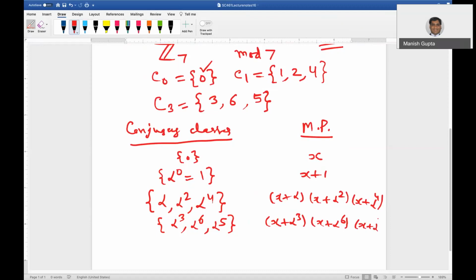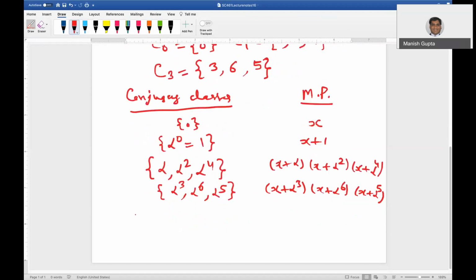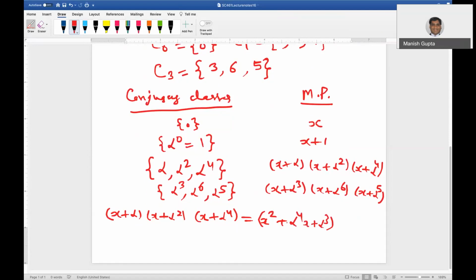Now let us compute the second one, (x + alpha)(x + alpha^2)(x + alpha^4). This can be written as (x^2 + alpha^4 x + alpha^3)(x + alpha^4).